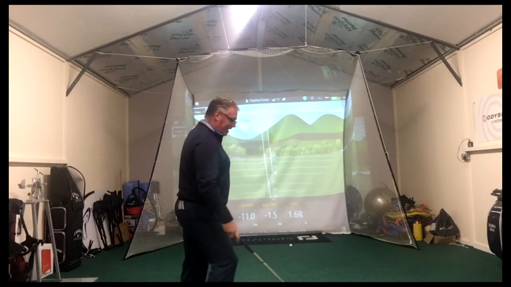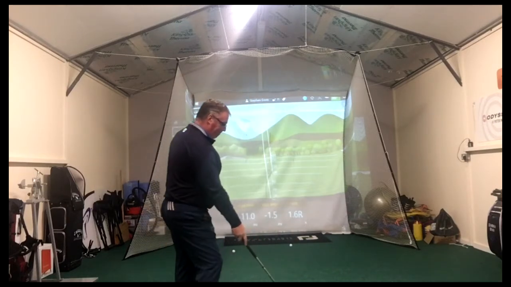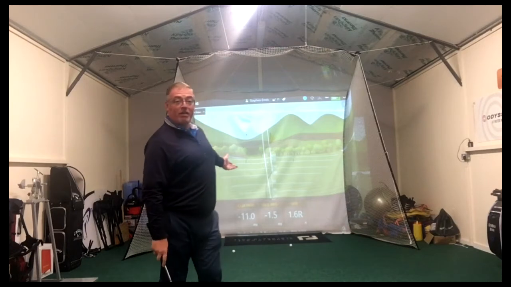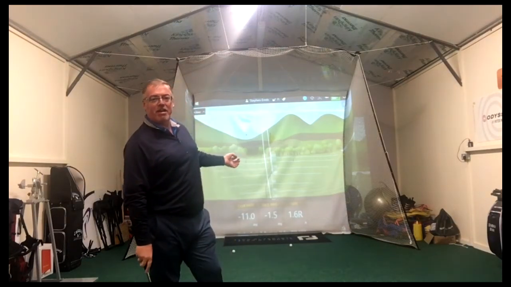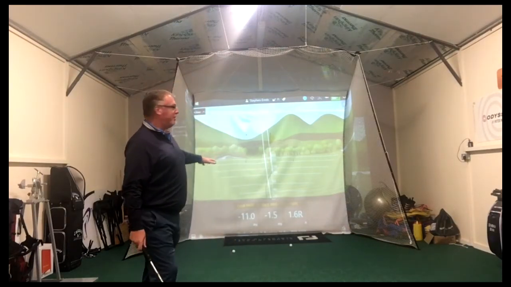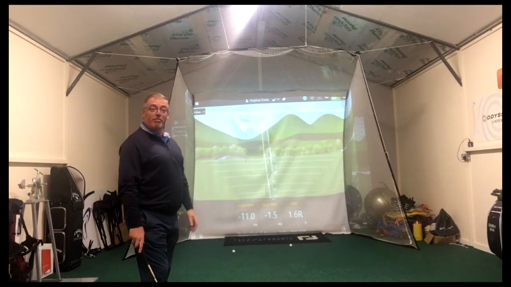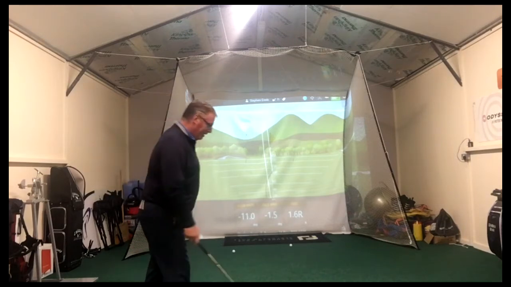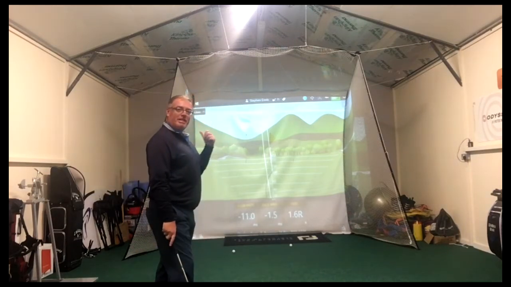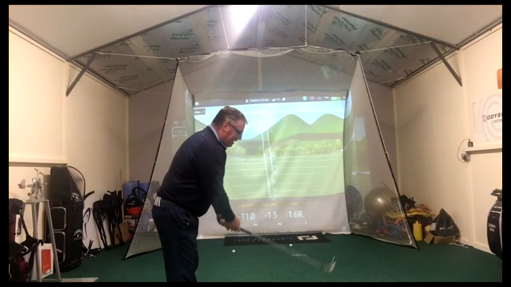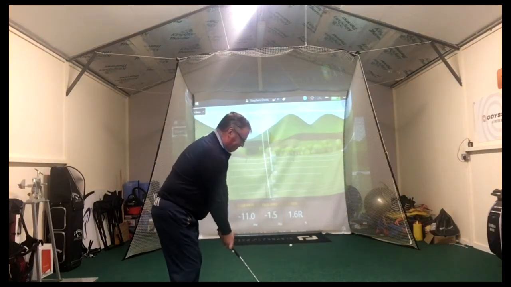That was really getting it out to the left. And as it happens, our club face was a hair left of the target, but it wasn't far left of the target. And that thing's actually curved back to the target pretty good. So let's see if we can hit one with a similar path and see if this goes left and see what the difference is.